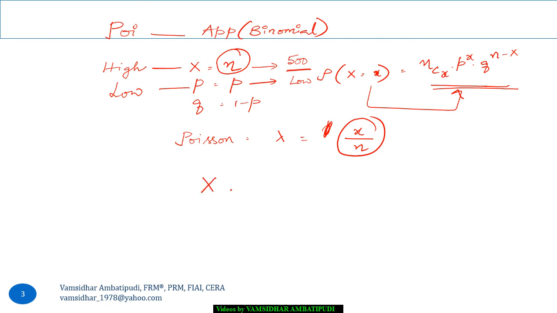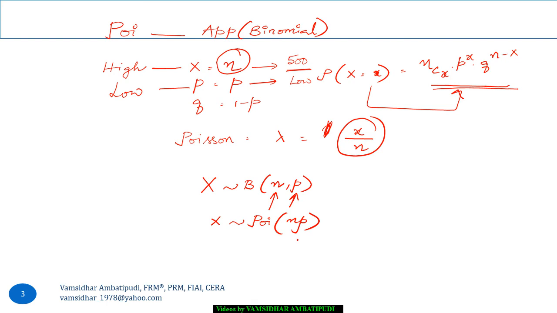So if x has a binomial distribution with n being the number of trials and p being the probability of success, n is very large and p is very small, you can approximate the same to a Poisson distribution with a parameter of np.